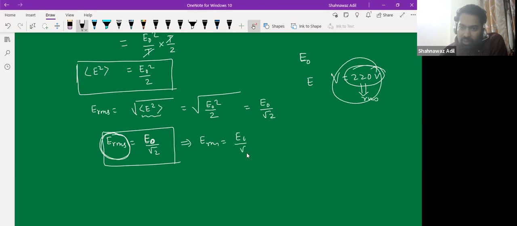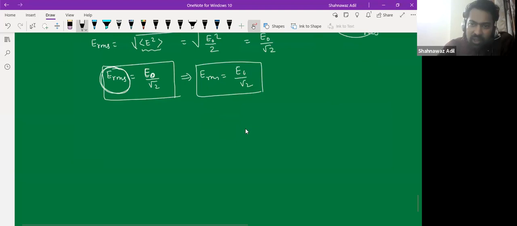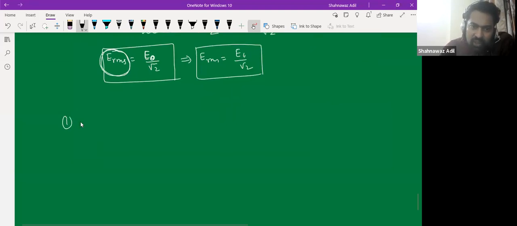So we have four things, right? One is the peak value. The other is the average in full time, that is 0.